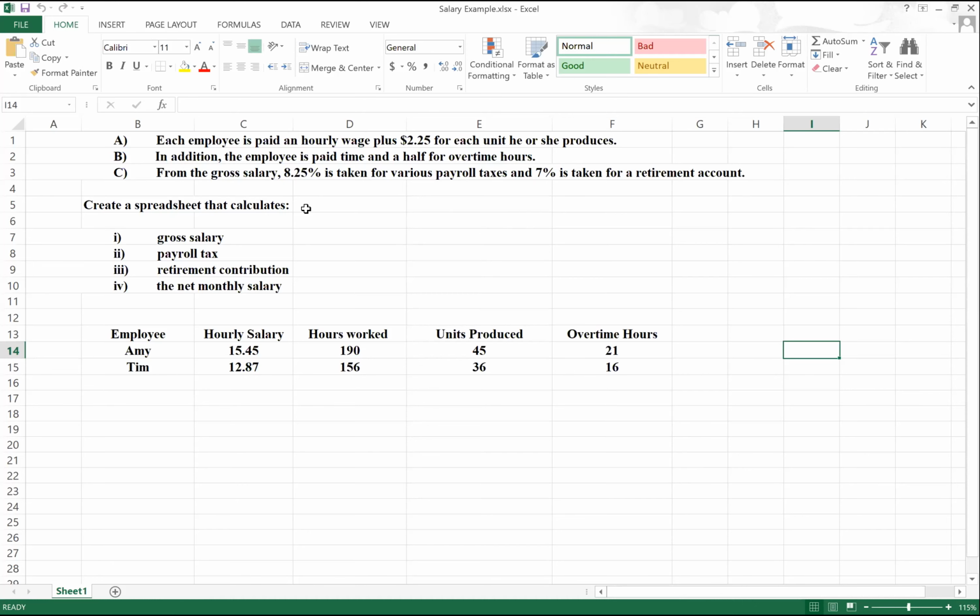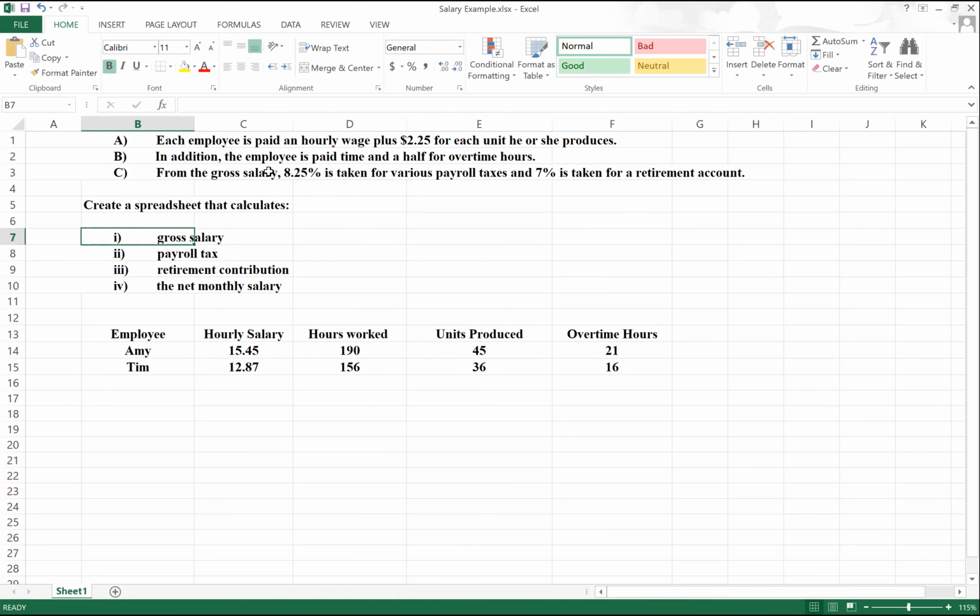And you create a spreadsheet that calculates gross salary, meaning total salary, right? Combine the hourly salary, also the commission on the units produced, and also the overtime pay. So the total salary has 3 elements. Okay, let me just list it here. It is the regular pay, regular salary, commission from the units produced, overtime pay. Okay, and then we need to calculate the payroll tax.